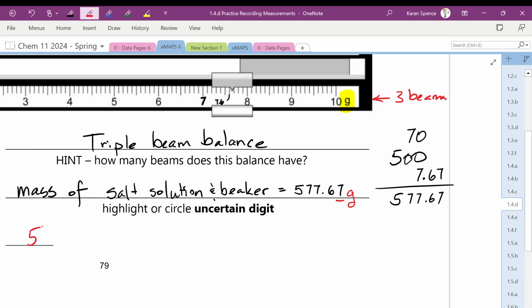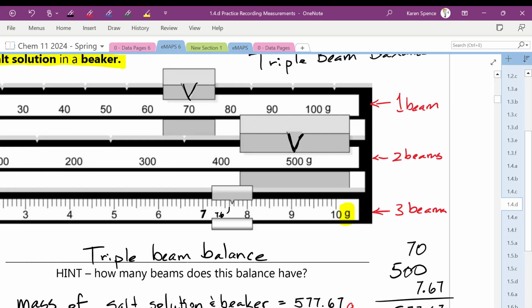Now, you don't actually have to add them up like that. I usually just read it. I would read it and I would say, I have 577.67, and I just read it off. But if it helps you to add them up, you can, okay?